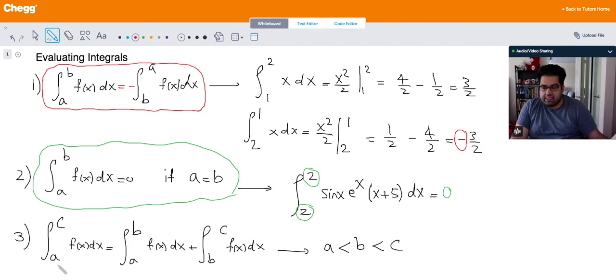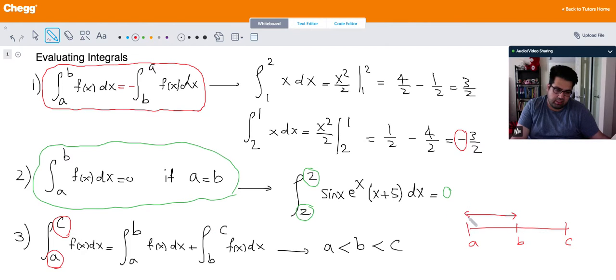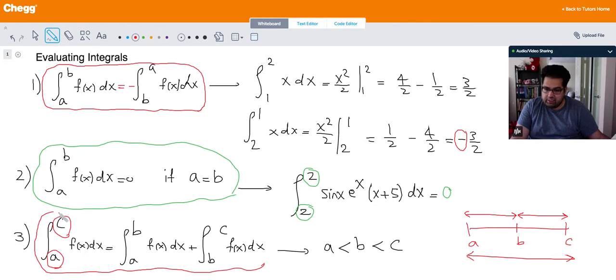When you have a larger interval from a to c and you choose a number b between them, you cover the integral from a to b first, then add the integral from b to c, and you get the whole integral on the interval from a to c.